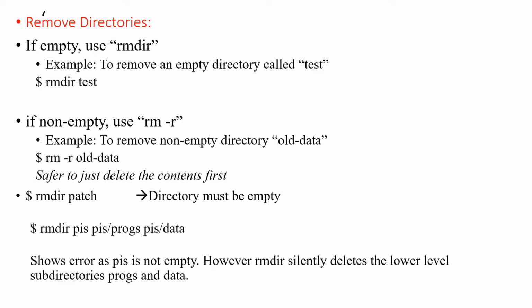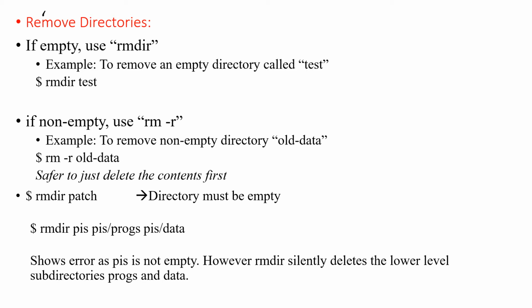The next command is the rmdir command, nothing but the remove directory command. You use the rmdir command only when the directory does not contain anything else. If it is empty, use rmdir.